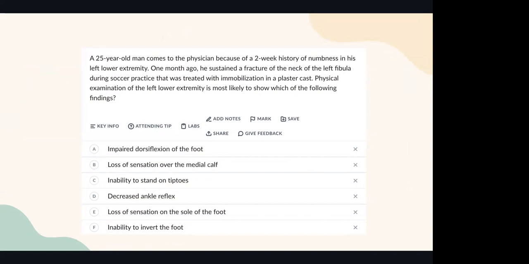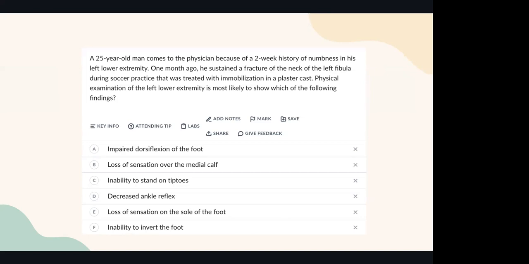One month ago, he sustained a fracture of the neck of the left fibula during soccer practice that was treated with immobilization in a plaster cast. Physical examination of the left lower extremity is most likely to show which of the following findings? So he sustained a fracture in the neck of the left fibula that was treated with immobilization in a plaster cast.